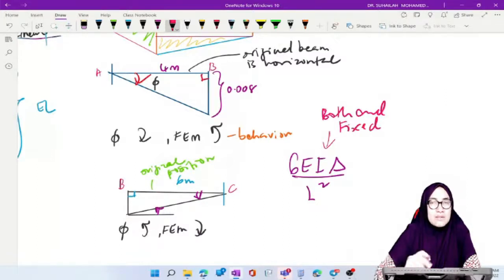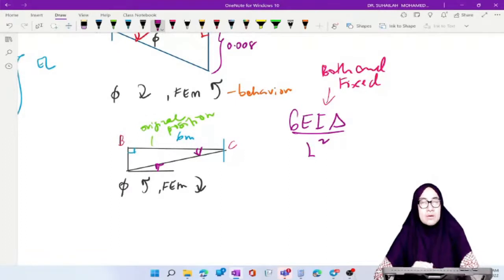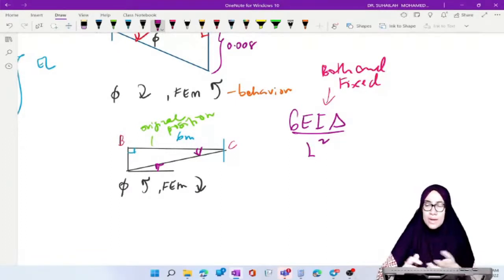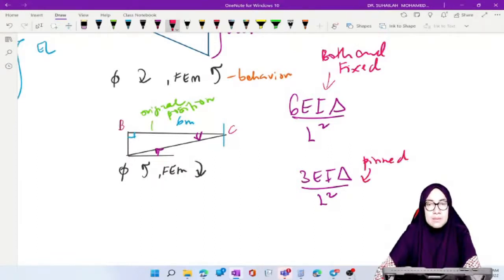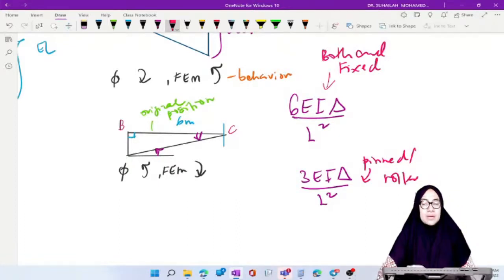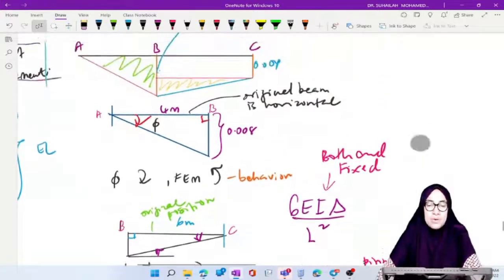We have another formula considering one end roller or pin: 3 EI delta over L squared. This is for pin or roller end, and the sign will depend on the behavior.